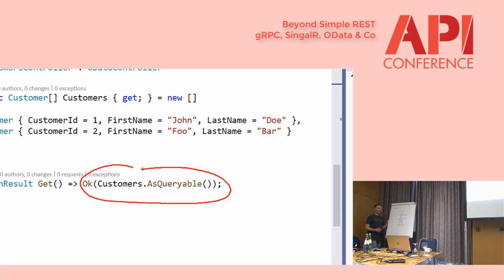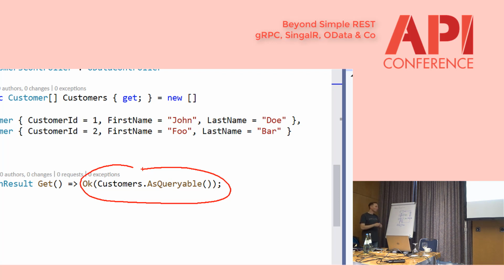This URL is then turned into an expression tree, a kind of reflection of this URL, a kind of document object model of our query. This expression tree is then given to Entity Framework, which turns it into SQL or any other query language, and this is then executed against the database. Get the idea?